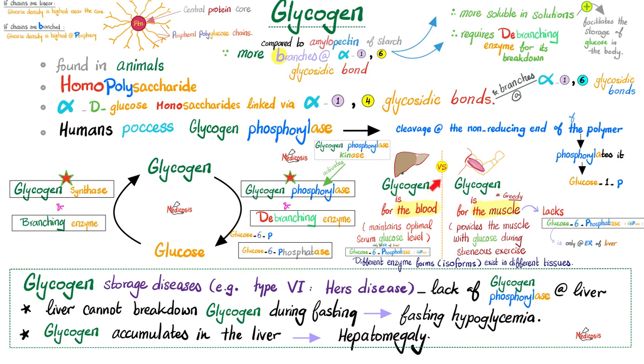And that's why when the liver breaks down its own glycogen, it can give you pure glucose for your blood, which will go to every other organ. Heart, brain, muscles, kidneys, you name it.